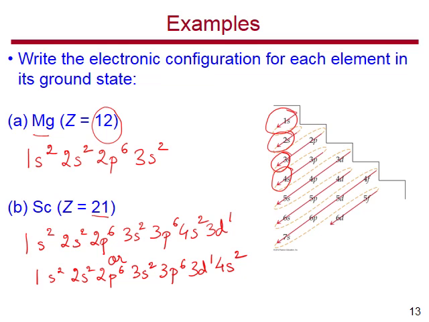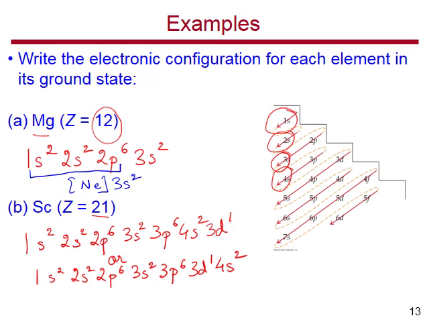Now let's go back to our previous examples. We are now going to rewrite the electron configuration for magnesium and scandium using noble gas core notation. Let's start with magnesium, which has electron configuration of 1s2, 2s2, 2p6, 3s2. The electron configuration for the first few subshells up to 2p is the same as that of neon, so we are going to rewrite this as [Ne] 3s2.